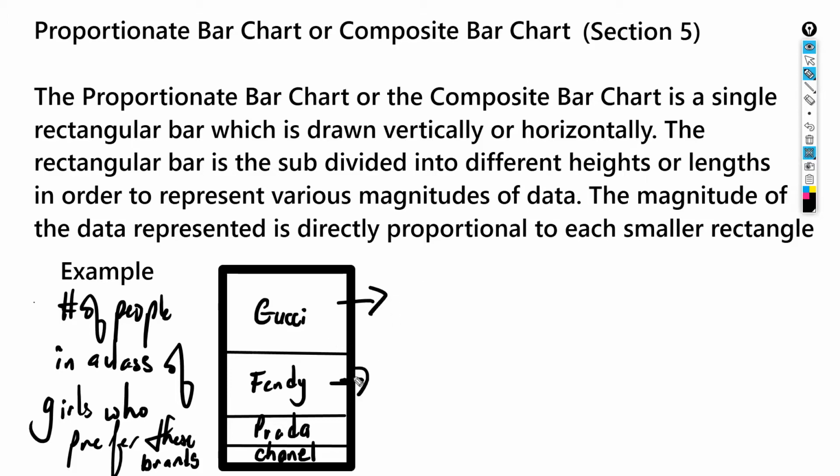Another set likes Fendi instead, a smaller set likes Prada, and the smallest set likes Chanel. So what this bar represents is how many people in the classroom like Gucci, Fendi, Prada, and Chanel. When we place it in this bar chart in this way, where the magnitude of the data represented is directly proportional to the smaller rectangle, that's when we get the bar chart looking like this.